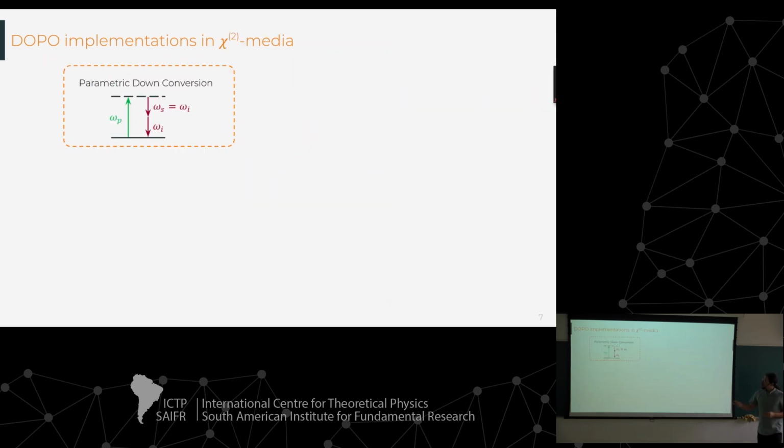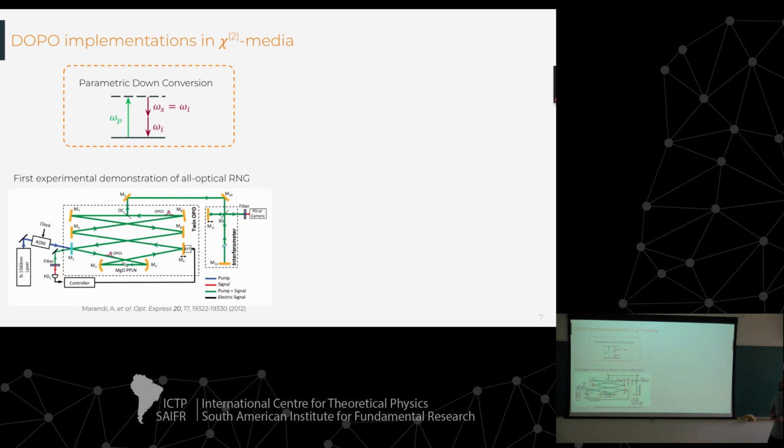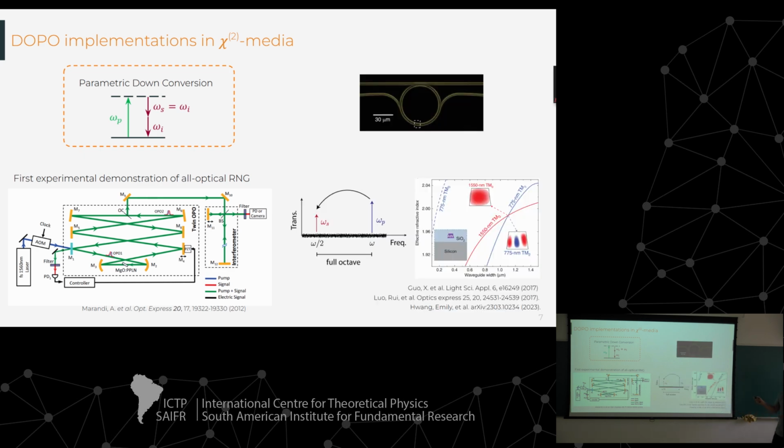All right, so in Chi-2 media, the DOPO, the degenerate OPO, has been implemented in free space setups for the photonic Ising machines I have shown you, but also in integrated platforms. In integrated platforms we have controllability, reproducibility and scalability mainly, but we have the signal and idler pair 1 octave away from our pump.